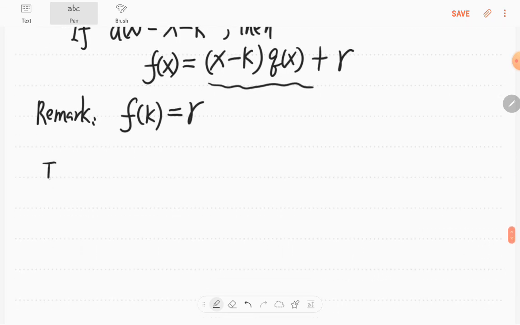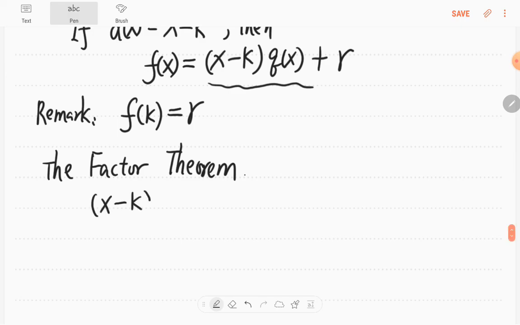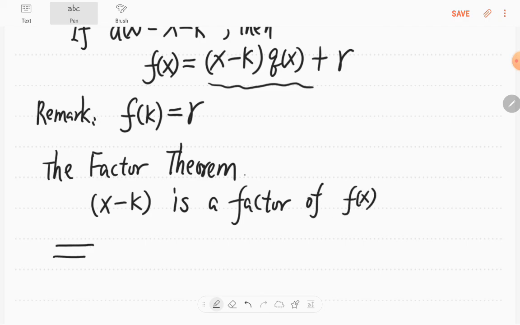Another theorem is called the factor theorem. It says x minus k is a factor of f of x if and only if f of k is equal to 0, right?